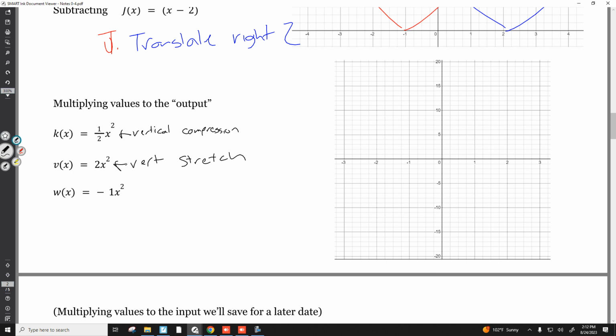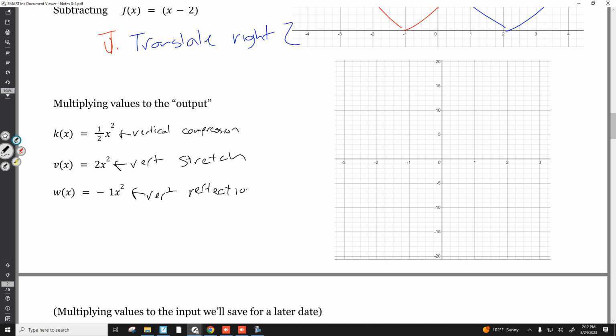What happens if you have a negative 1 times the x squared? You take your y values and make them opposite y values. You multiply your values by -1, and they'll all become negative values. So you are right. We are talking about a vertical reflection.